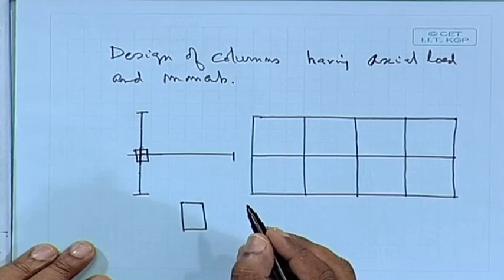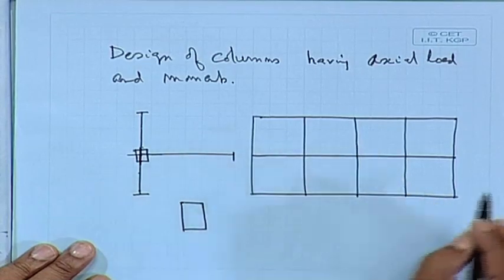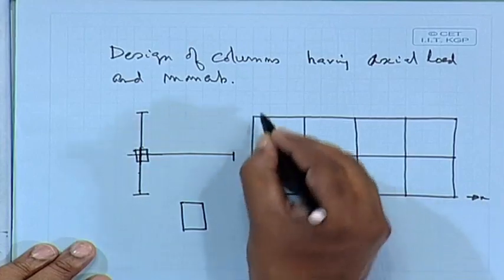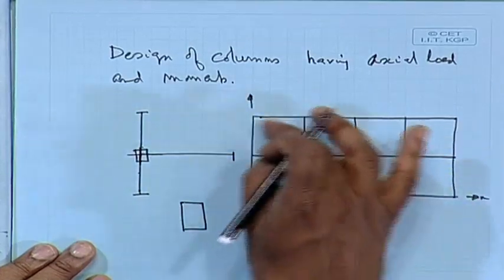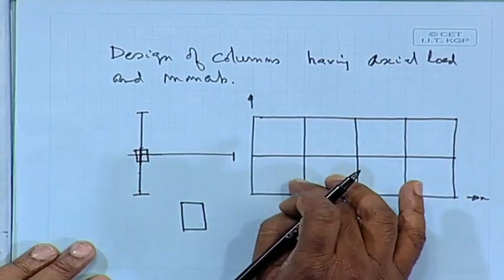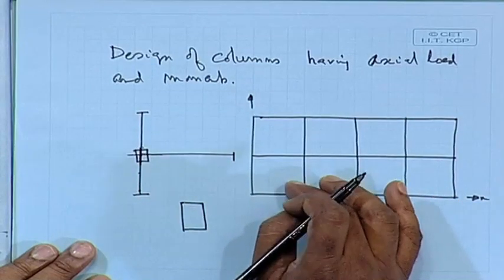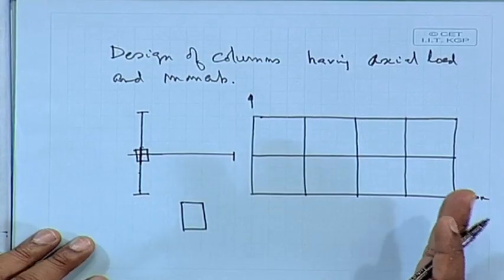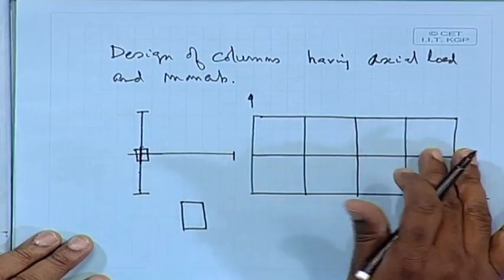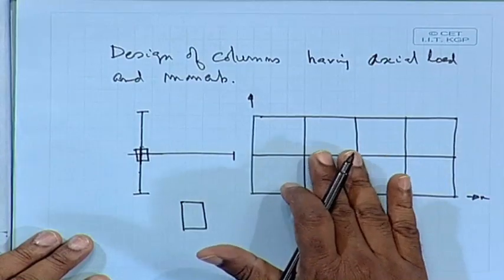What is the orientation of the column with respect to this? Because if we take this whole building, a rectangular building, say the plan is rectangular, obviously it is easier to bend.